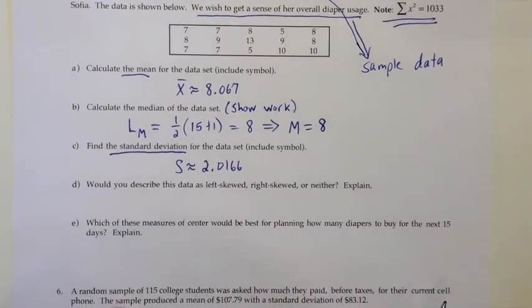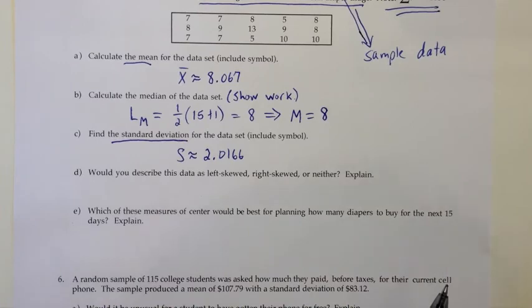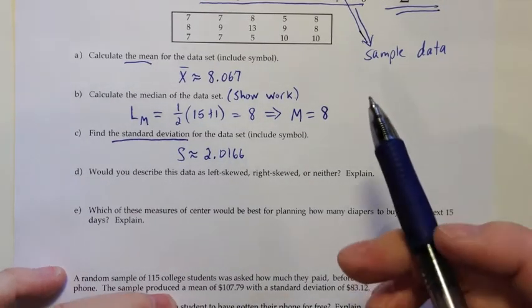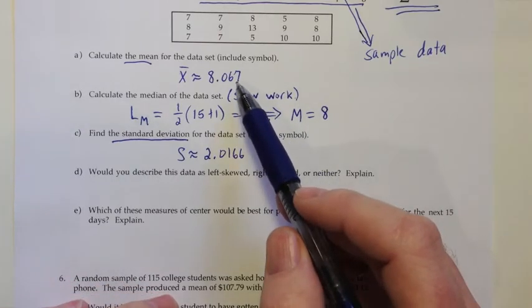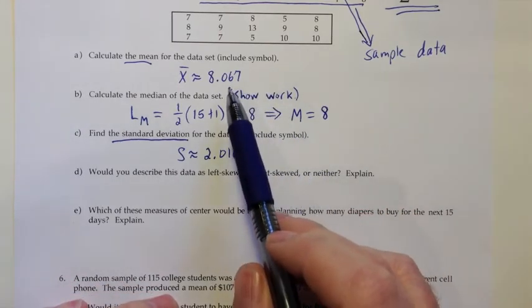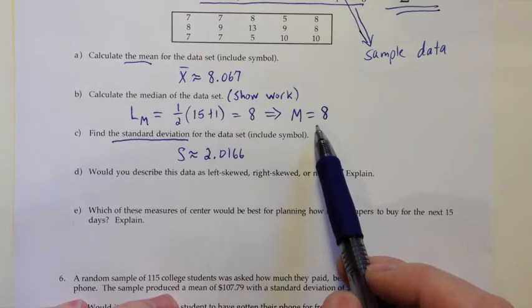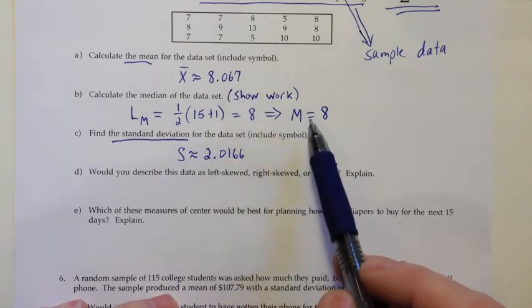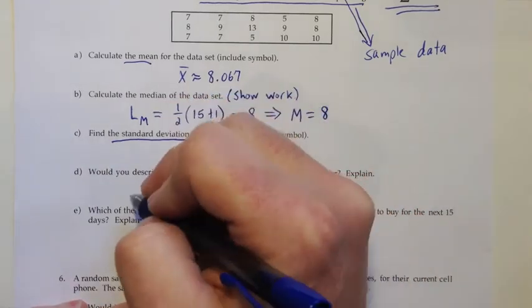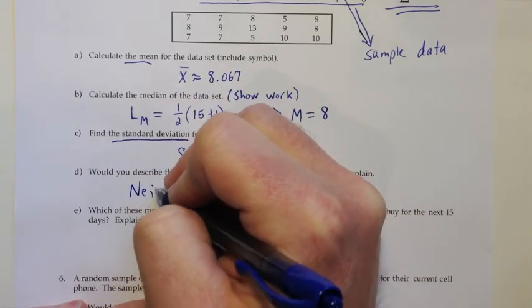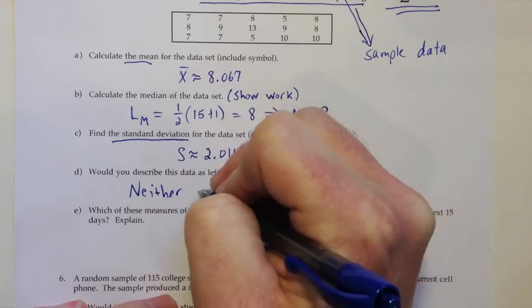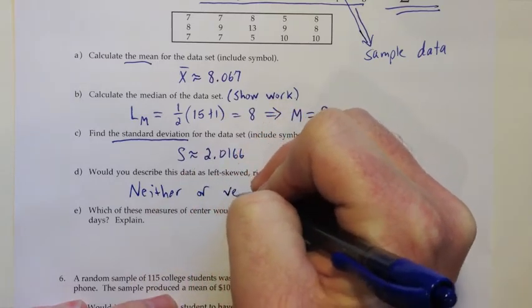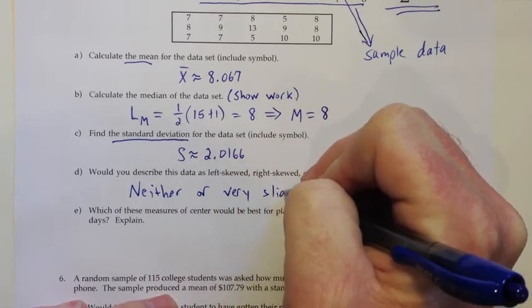And then, would you describe this data set as left skewed, right skewed, or neither? Well, the way we do that is to look to see which way the mean has been pulled, and the mean seems to have been pulled to the right of the median, but also I would say not very far, because it's almost the same for these two values. So I would either say neither or very slightly right skewed.